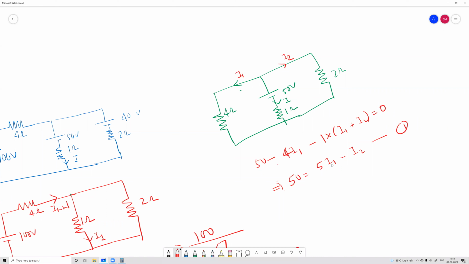And the second equation is 50 minus 2I2 minus 1 into (I1 plus I2) equals 0. So 50 equals I1 plus 3I2. Is it okay? Plus. Check. Check the equation.